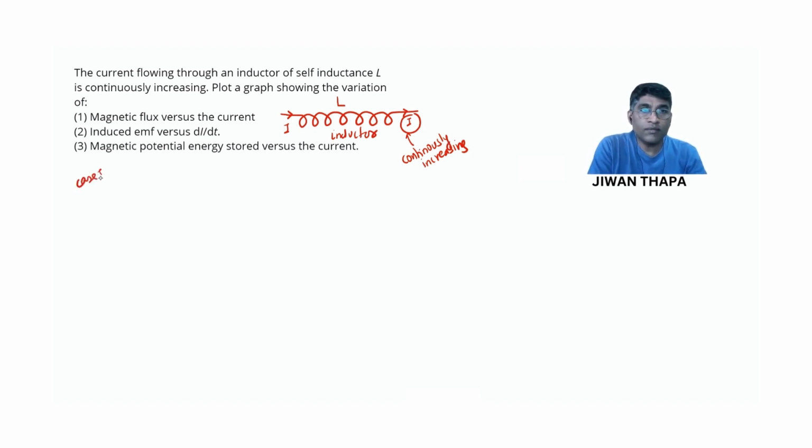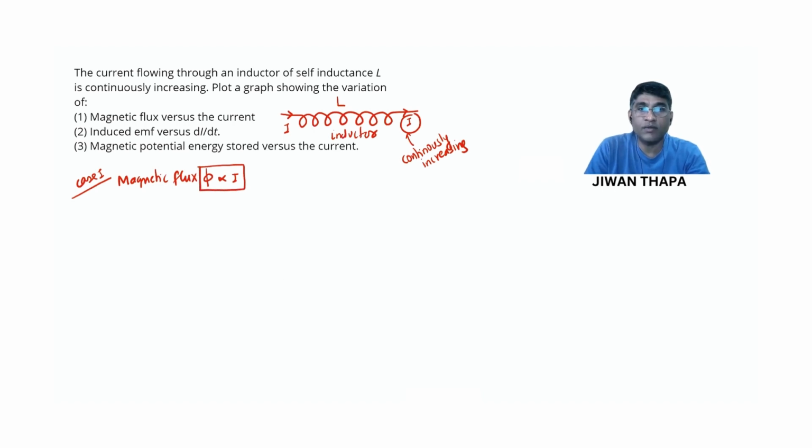Now, case 1. We are asked to plot the graph between magnetic flux versus the current. Magnetic flux is denoted by the symbol phi, and the magnetic flux linked with the inductor is directly proportional to the current flowing through the inductor.